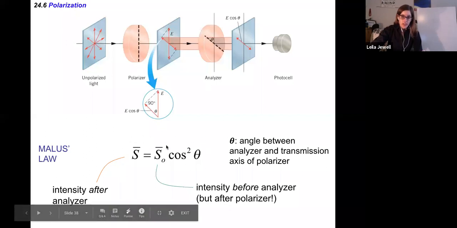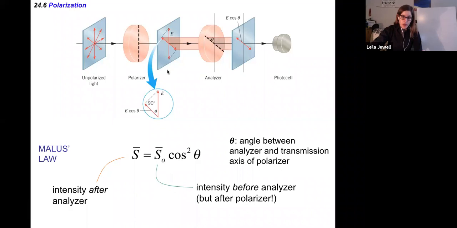Now, the key detail here is this equation is just for after the polarizer and then after an additional polarizing material. So if we want to analyze light as it comes through, we have to see how it changes with each additional polarizing material. I added some labels here, right? If our initial unpolarized light we call S initial, you can call it whatever you like, then we know after we pass through the polarizer, our new intensity is half of what it was before, 1/2 of S initial, and I'm calling that S naught because that is what is in Malus's law here.